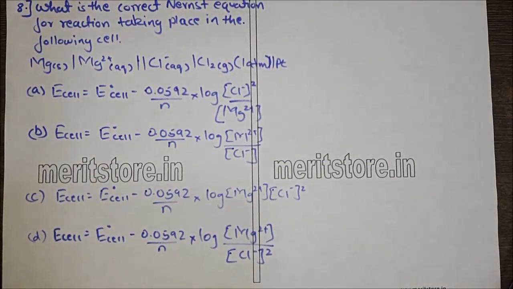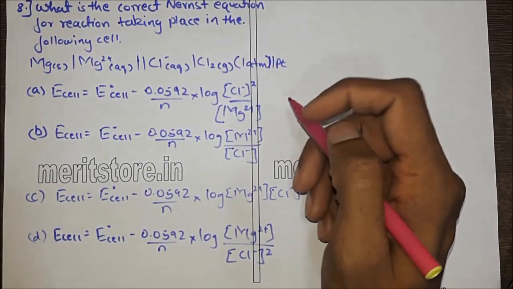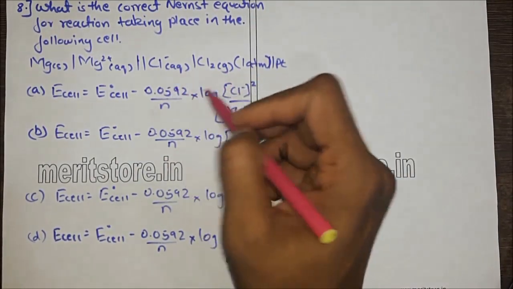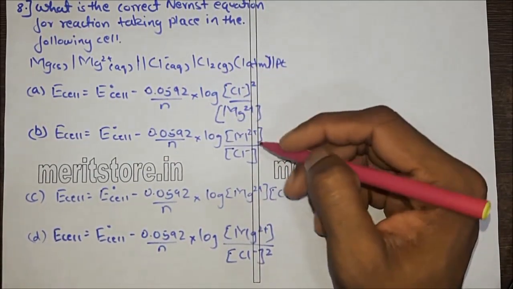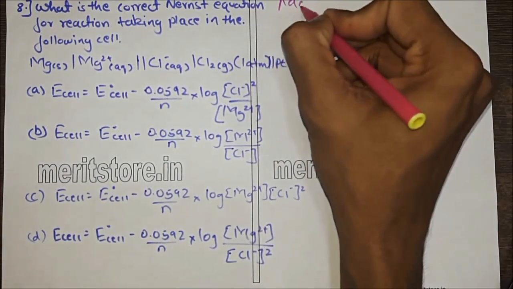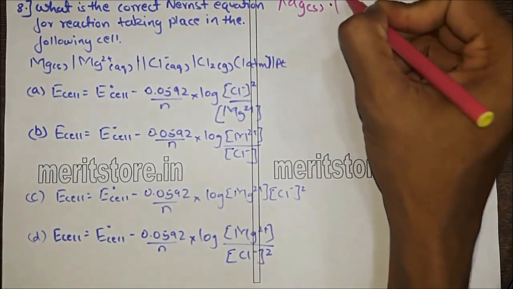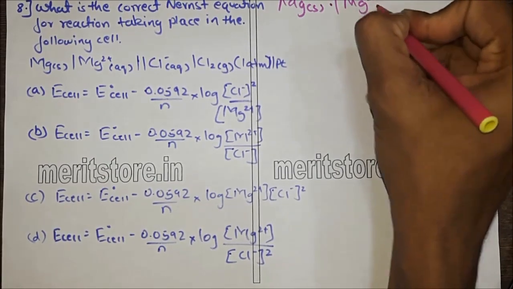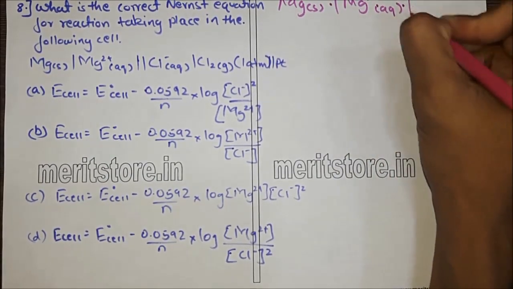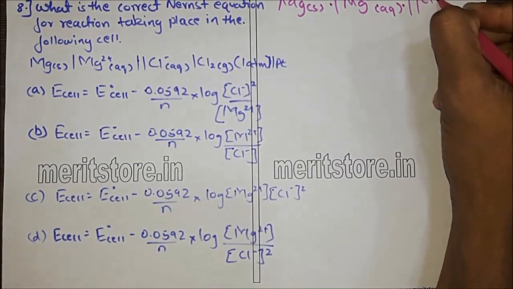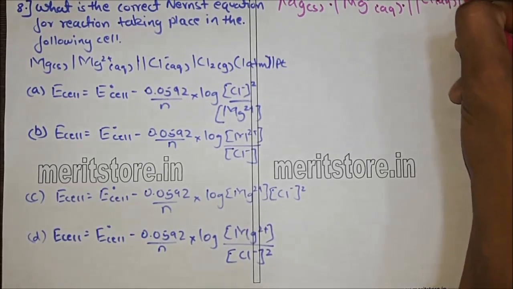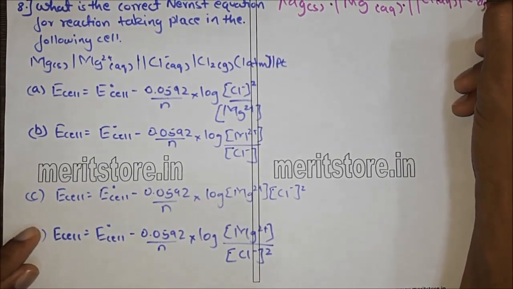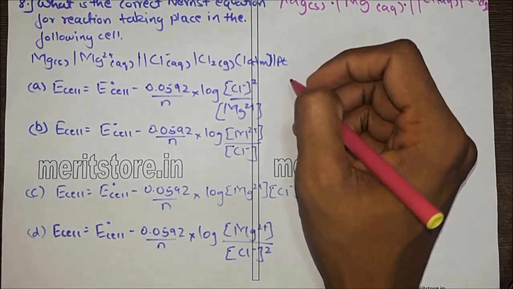Question 8. What is the correct Nernst equation for reaction taking place in the following cell? We're given 4 options over here. So Mg | Mg2+ (aq) || Cl- (aq) | Cl2 gas at 1 atmospheric pressure.